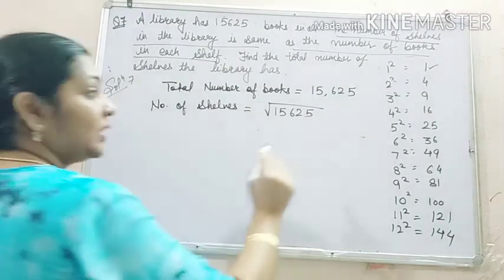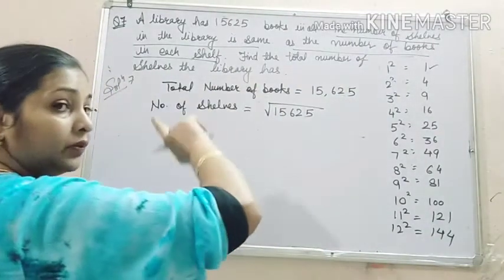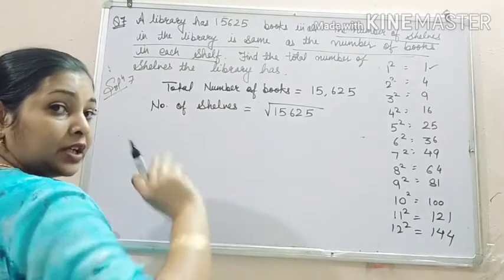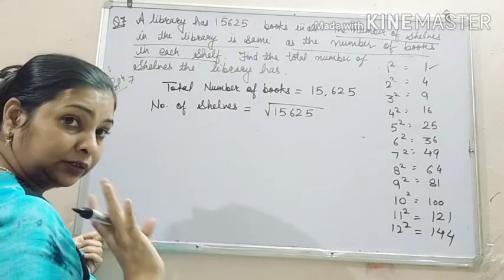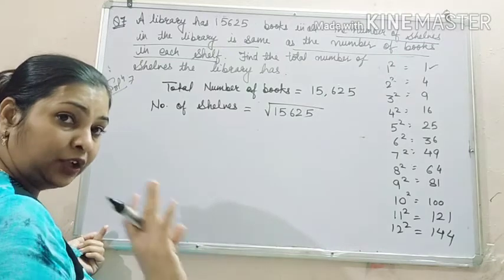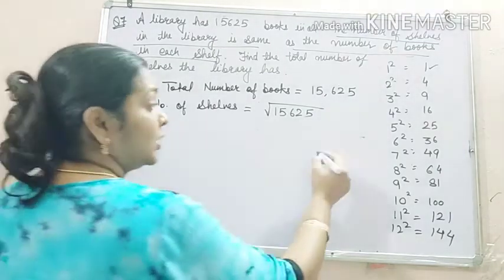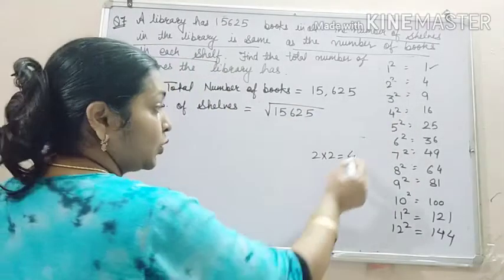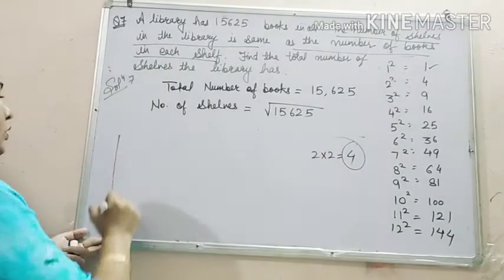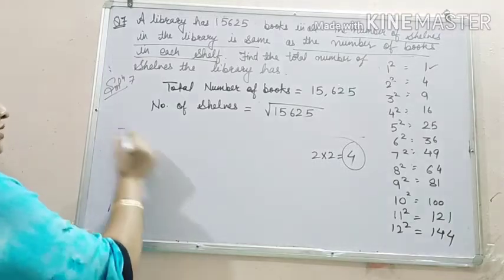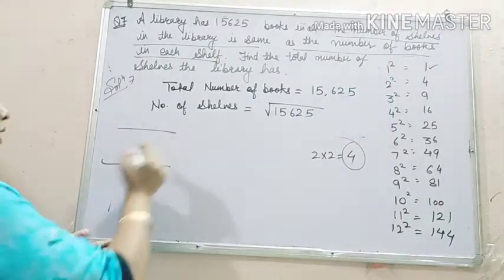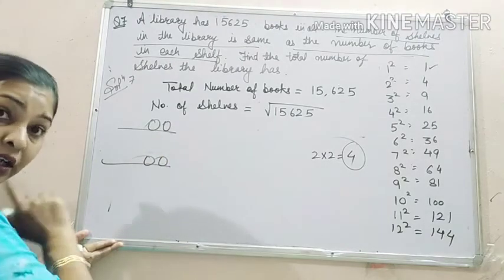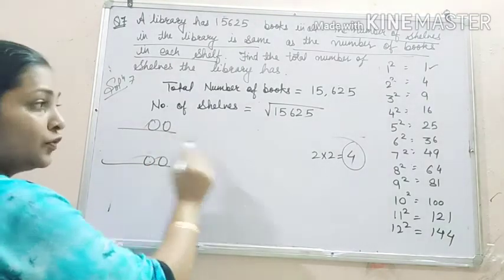Suppose there is one book, one shelf. So total number of books 1 into 1. Suppose if there are two shelves and each shelf is having two books, that means 2 2s are 4. That is equal to 2 square. Total books are 4. In two cells, suppose these are the cells of the library. I am saying that both the cells are having 2 books each. So 2 plus 2, 4 books.